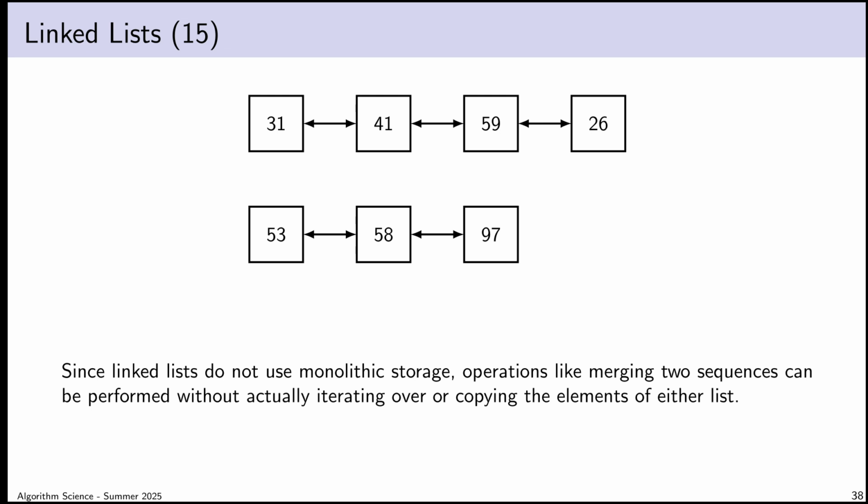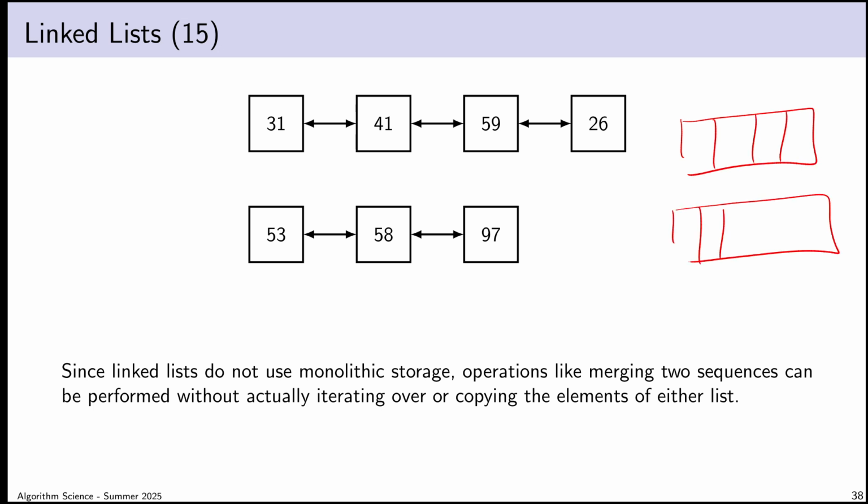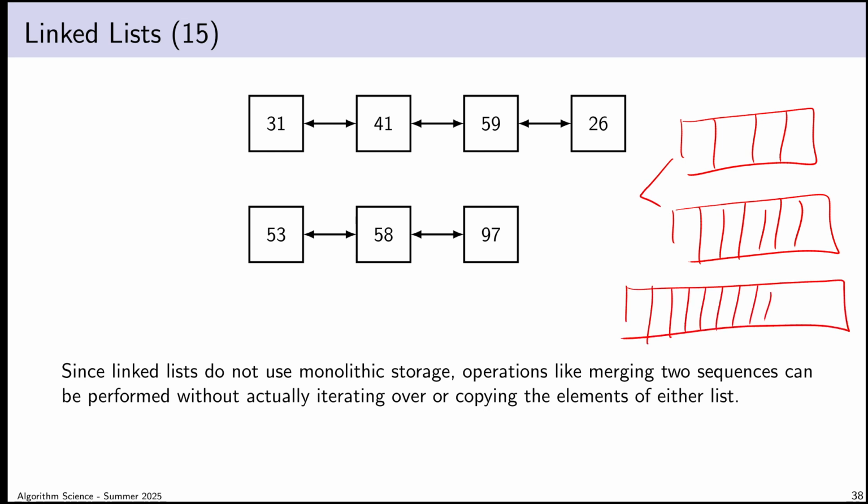If I have two arrays, so here's an array of size, let's do 4, and here's an array of size something larger than 4, and I want to merge these two sequences into one long sequence, then I have to make a big array and copy everything into it, which of course requires big theta of n time, where n is the size of the new array. So it's linear time to make one big sequence out of two small sequences if I use arrays.